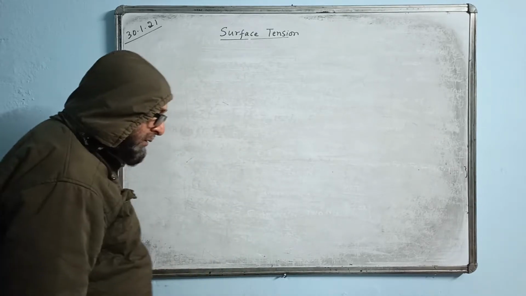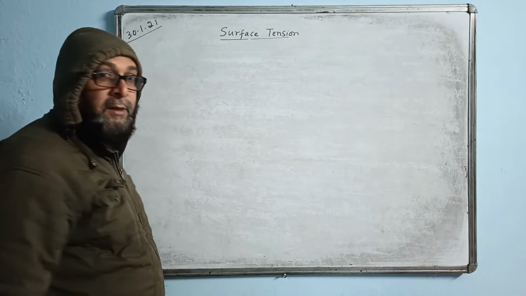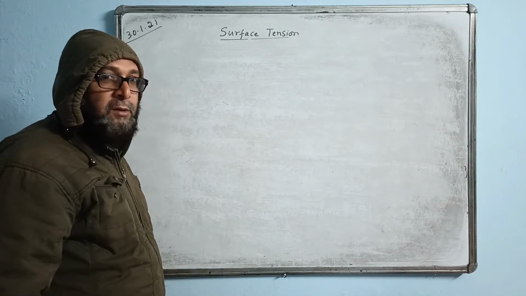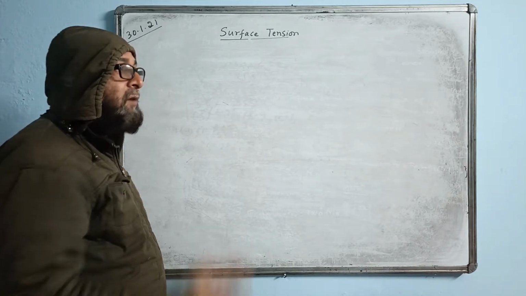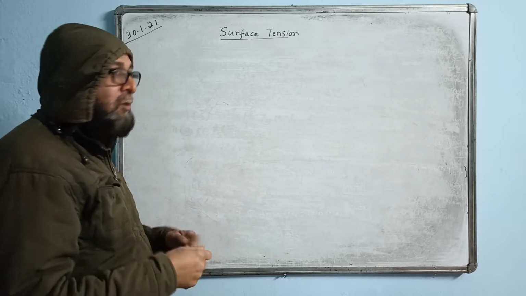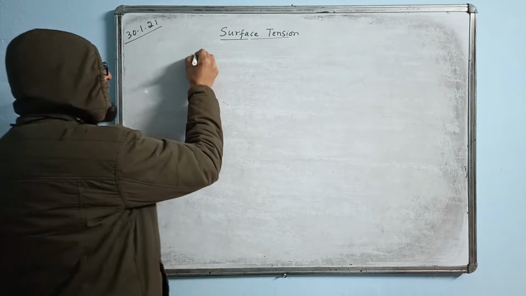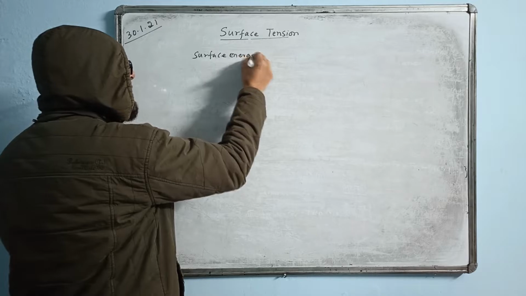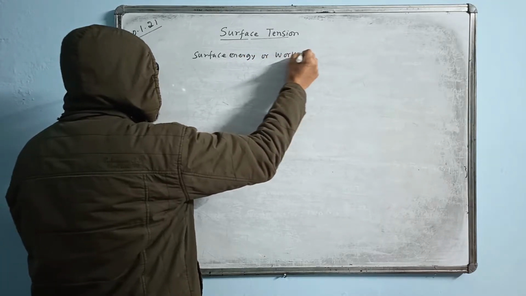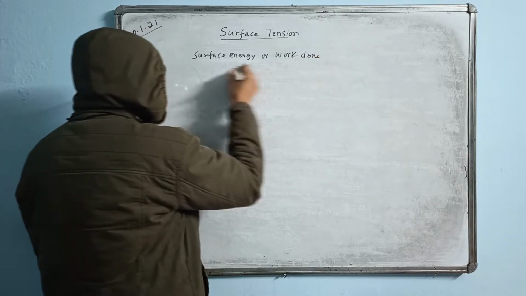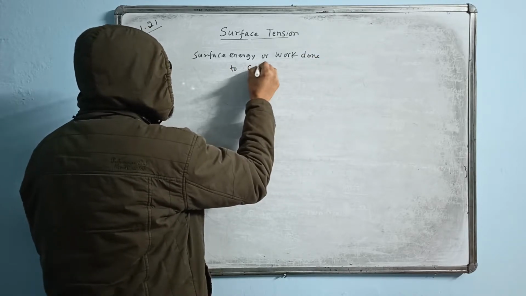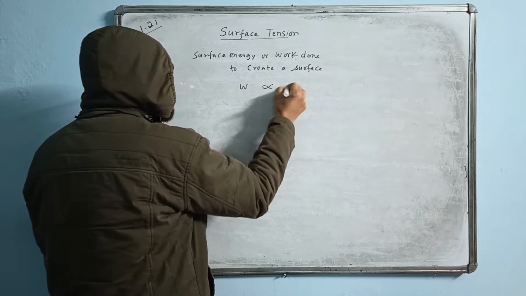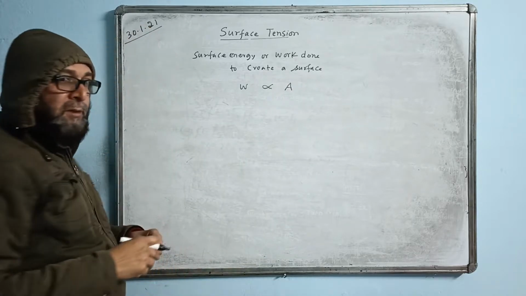We define surface tension in terms of work done also. Work done in surface energy. The energy of the molecule due to the force of surface tension is called surface energy. The energy of a liquid surface due to surface tension is called surface energy. We write like this: work done, or work done to create a surface, W is proportional to the area of the surface which is being created.